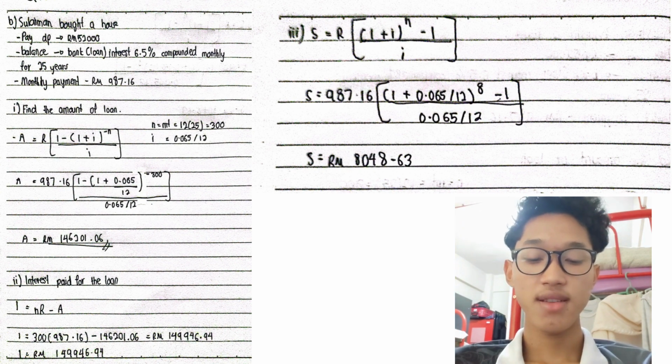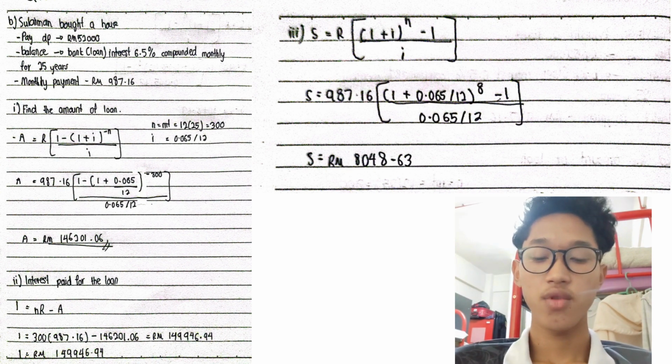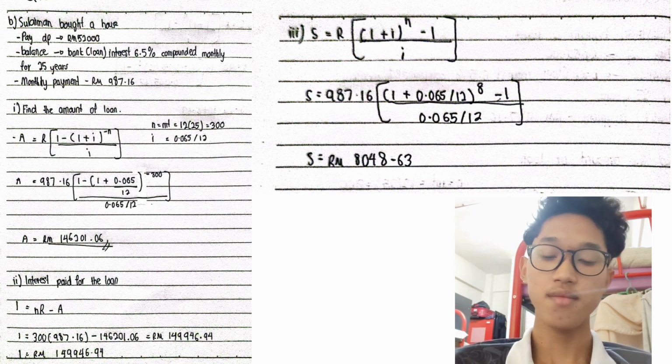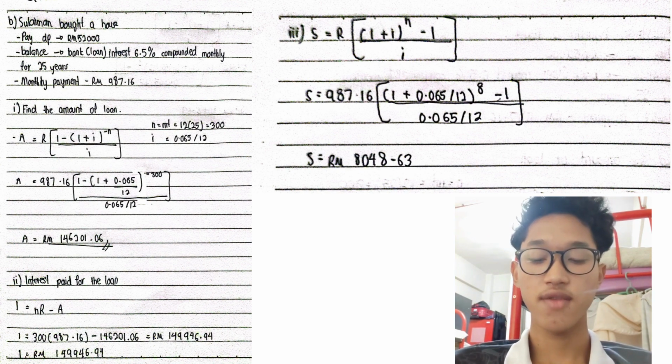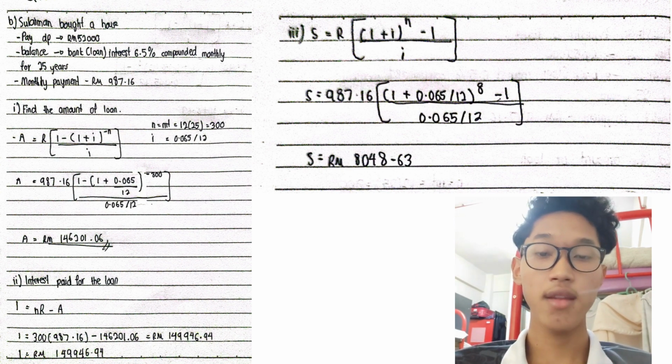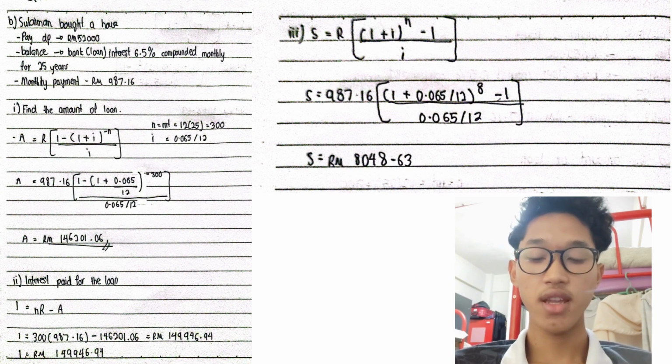We put 1 plus 0.065 per 12. Close the bracket. We put negative 300. And then we close the bracket. We divide by 0.065 per 12. We close the bracket again. And then we will calculate with the calculator. The answer we will get is RM146,201.06. That is for A.